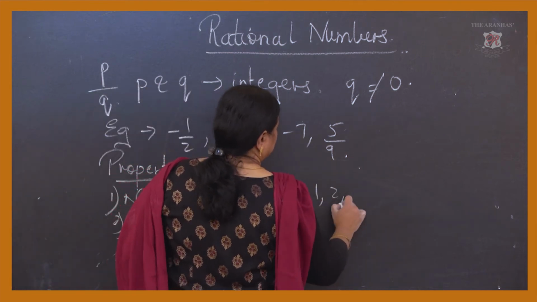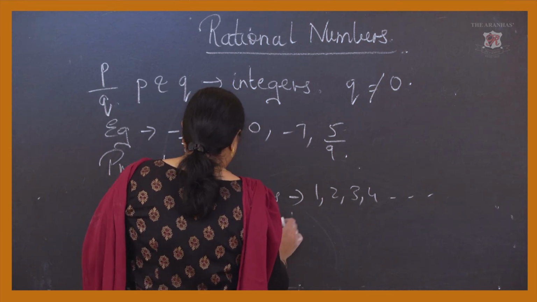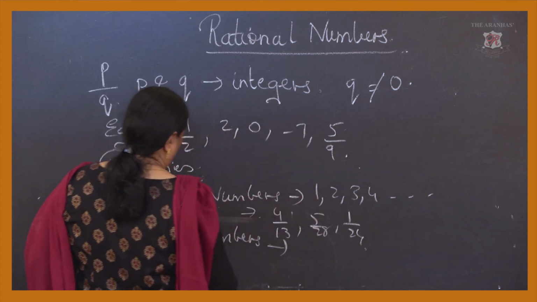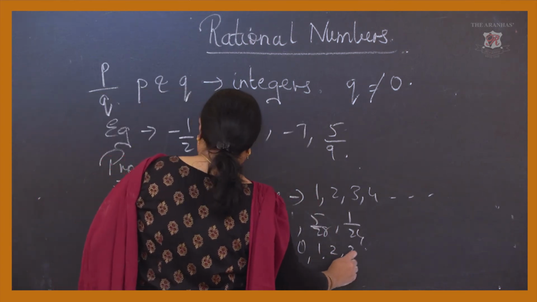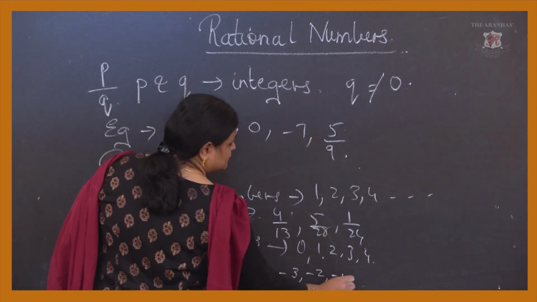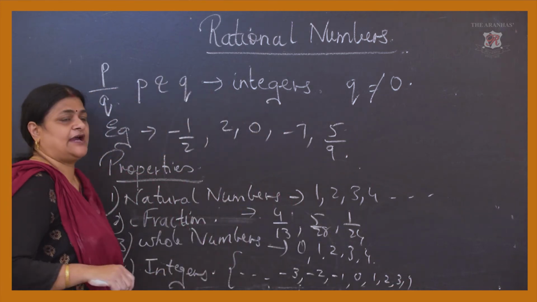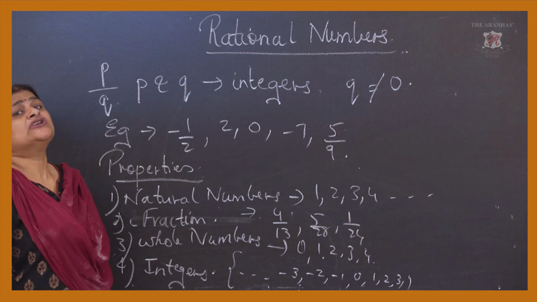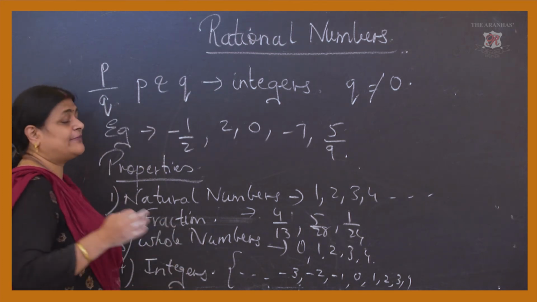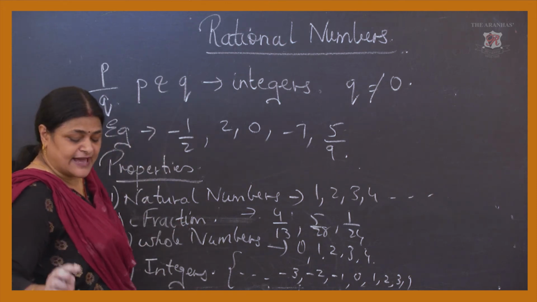Under natural numbers 1, 2, 3, 4 and so on, you have fractions like 4 upon 13, 5 upon 28 and 1 upon 24. The whole numbers are 0, 1, 2, 3, 4, and integers are minus 3, minus 2, minus 1, then 0, 1, 2, 3, 4. So all these are properties of rational numbers: natural numbers, fractions, whole numbers and integers are also rational numbers.